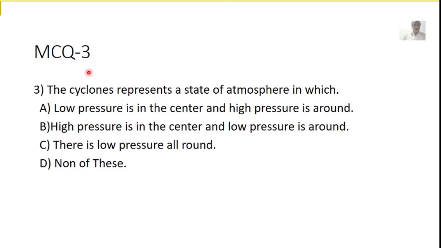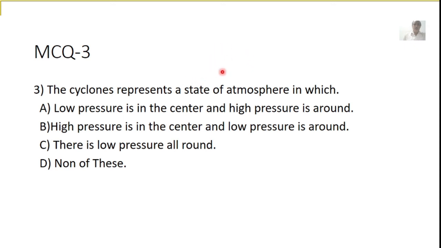Next, MCQ 3. The cyclones represent a state of atmosphere in which... options are provided here for the definition of cyclones or how cyclones are formed. Air moves from high pressure region to low pressure.